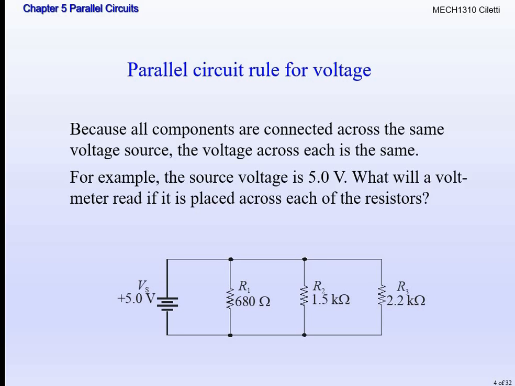So when resistors, or whatever component, are all in parallel, the voltage across them will all be the same. So 5 volts, 5 volts, 5 volts. That's important for us because that will help us find all the branch currents, because now we know a voltage and a resistance. We can just apply Ohm's law and find each one of those branch currents.